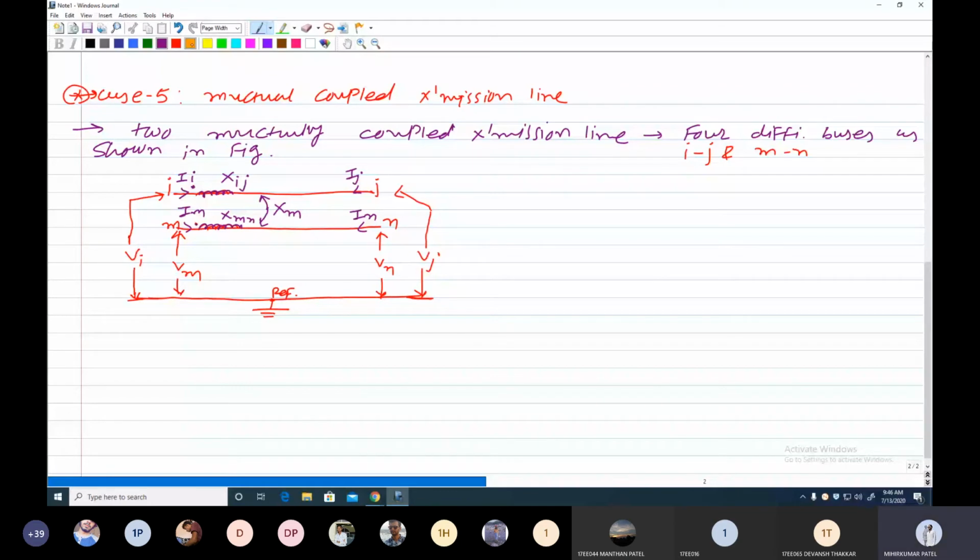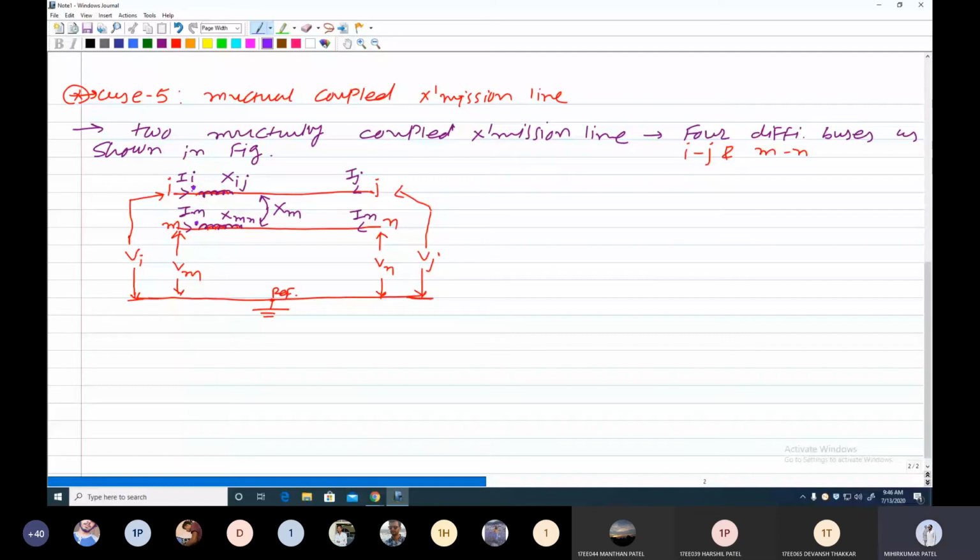So my question is, what is the meaning of this dot? Polarity, sir. Voltage polarity. Yes, it shows the polarity and the mutual coupling between the two inductive lines. Very good.